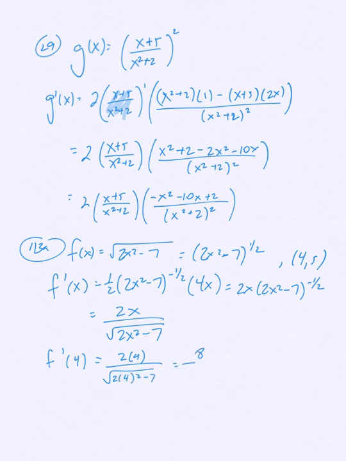So this is 8 over, what's in our radical? Let's see, we've got 16 times 2 is 32 minus 7 is 25, which is lovely. We don't always get integers. So 8 over 5. And now the equation of our tangent line would be y minus 5 is 8/5 times x minus 4.